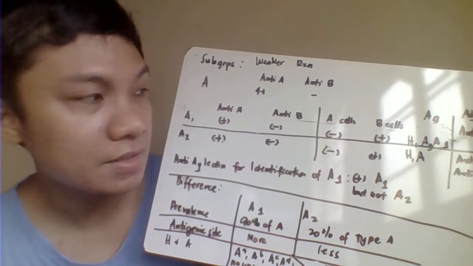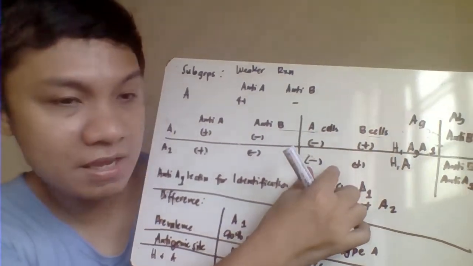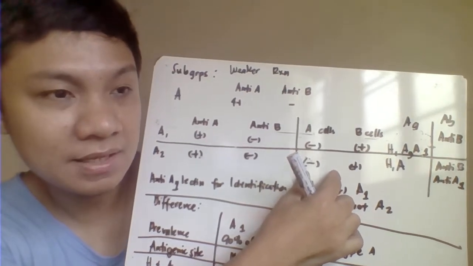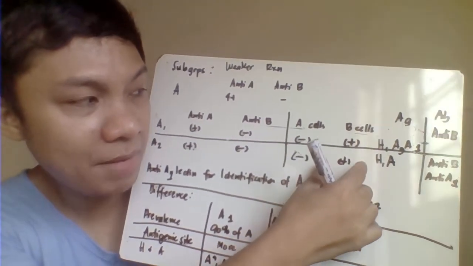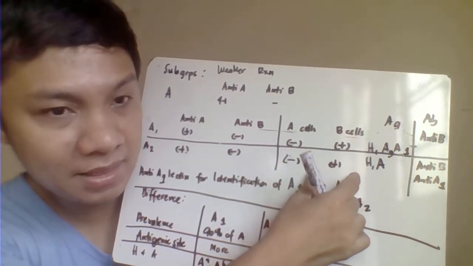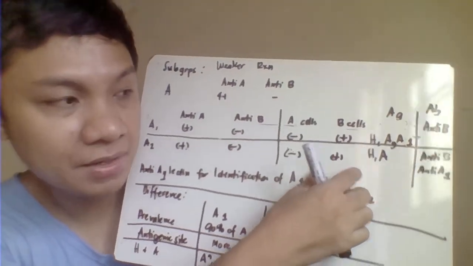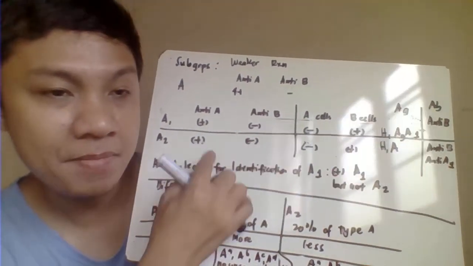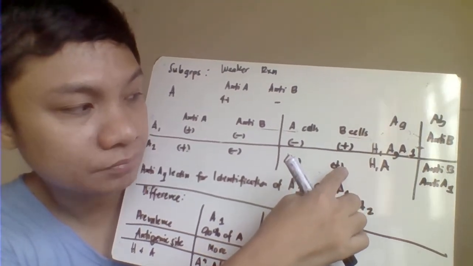The A cells here would detect for the presence of your anti-A antibody. So both of them will give a negative result kasi di ba they are type A. So wala silang anti-A antibody. So pag may B cells tayo which would detect the presence of your anti-B antibody, both of them will give a positive reaction. Why? Because they are A naman, di ba? Pag type A, may anti-B antibody. So that's why positive dito sila.